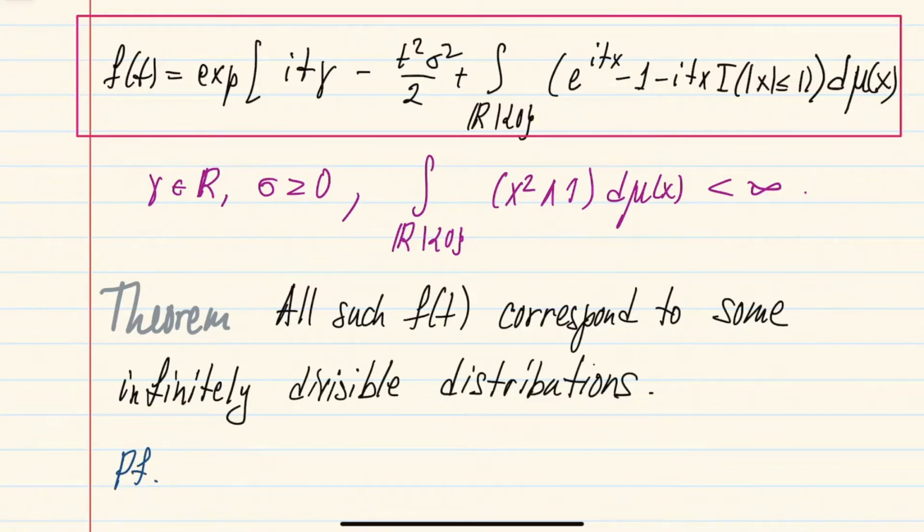Of course, in the above representation, many parts should be already familiar to us. The first term, gamma, just corresponds to a constant gamma, it's just a characteristic function of this constant. The second term, minus t squared sigma squared over 2, just corresponds to a Gaussian random variable with the variance sigma squared.